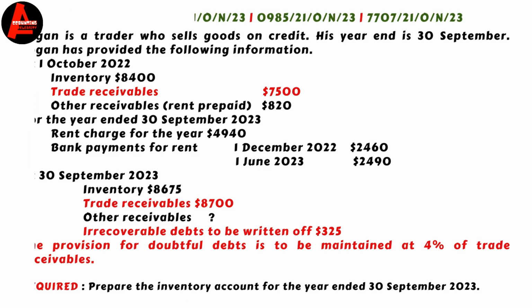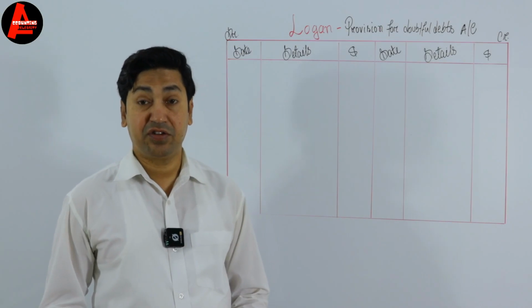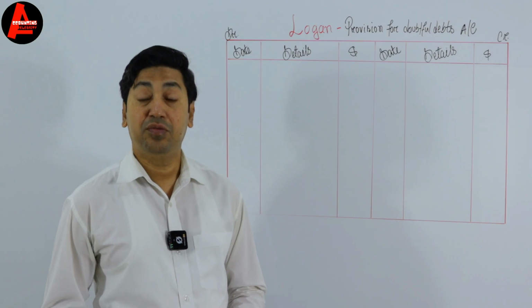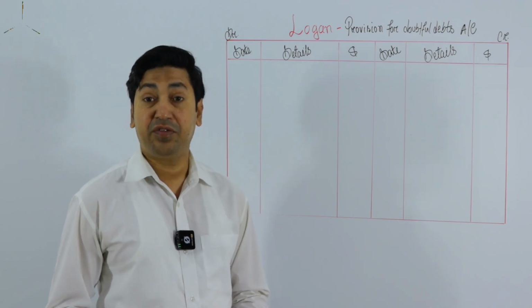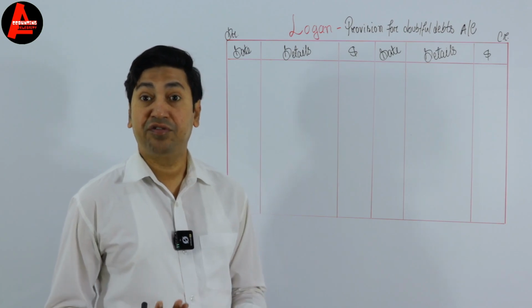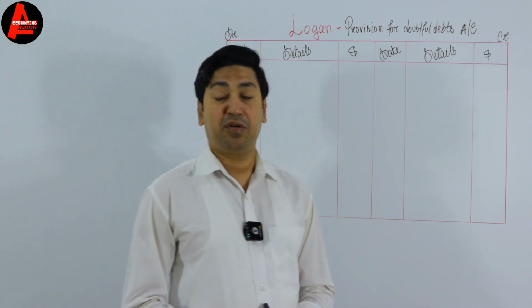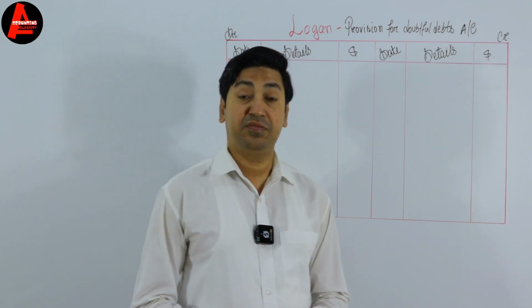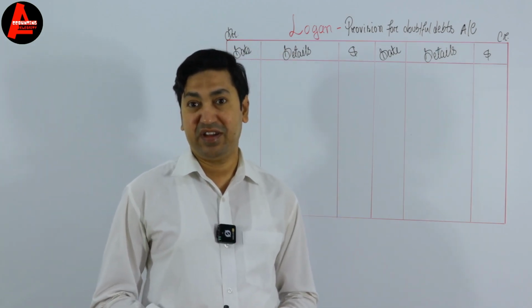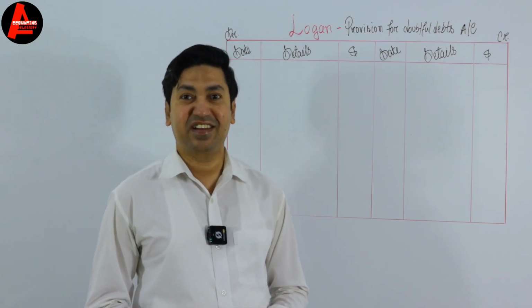This is not actually related to preparing the provision for doubtful debts account, but you still need this amount. You need to subtract it from the trade receivables to calculate the provision for doubtful debts. Many of you skip this amount, but that is incorrect. So here we have an adjustment.